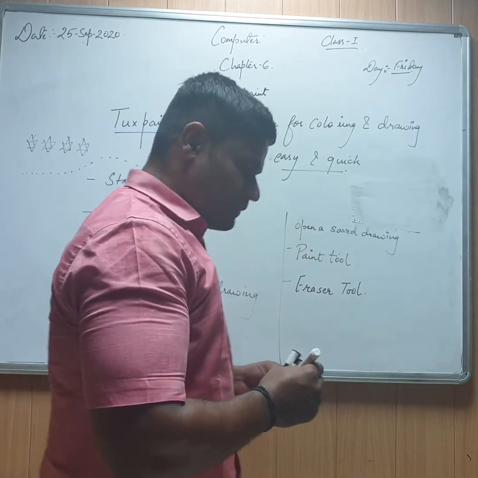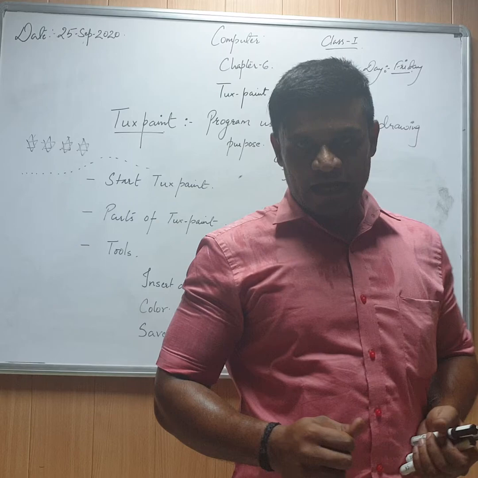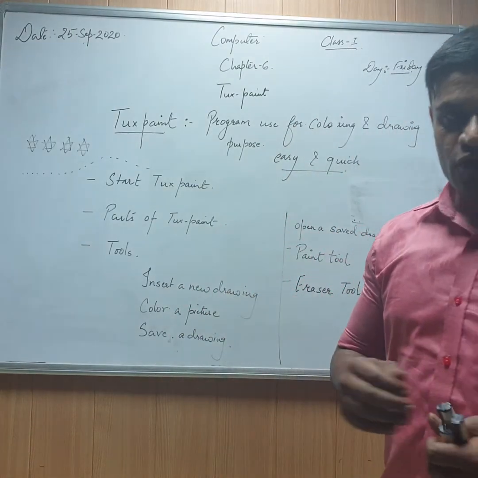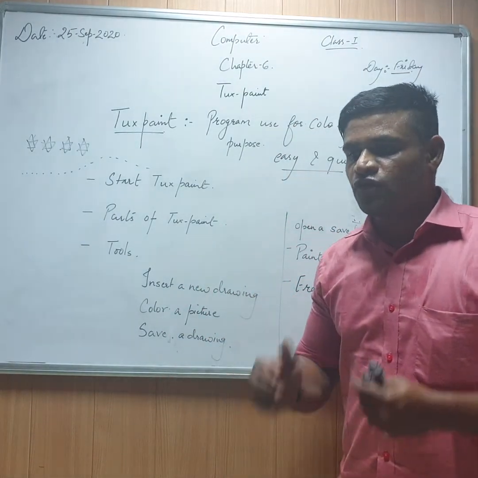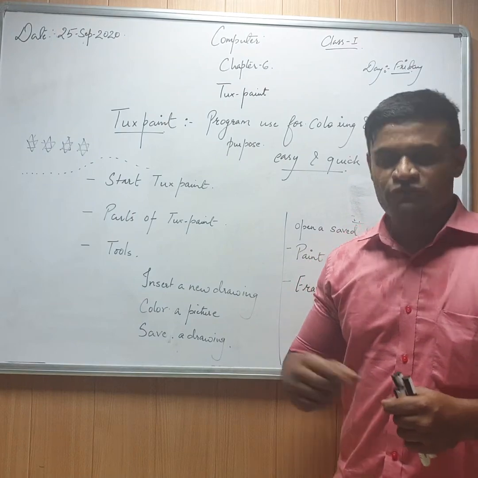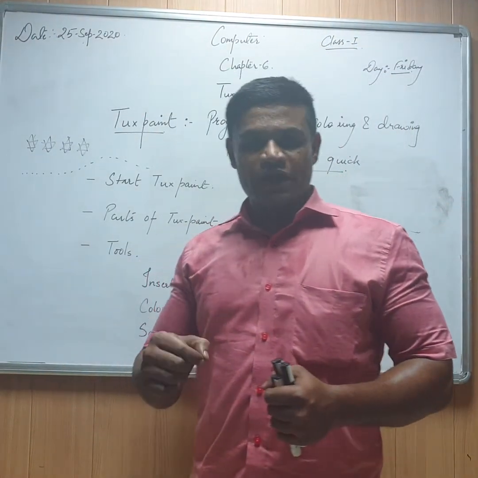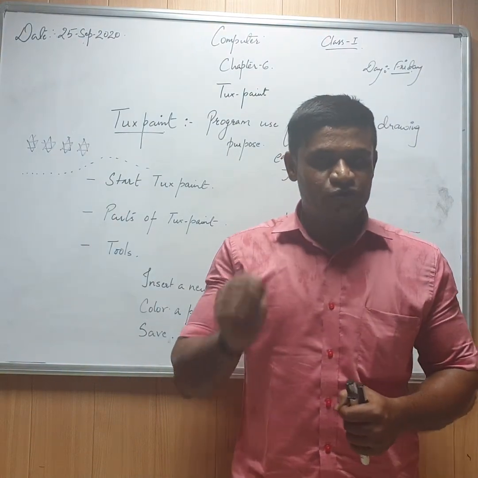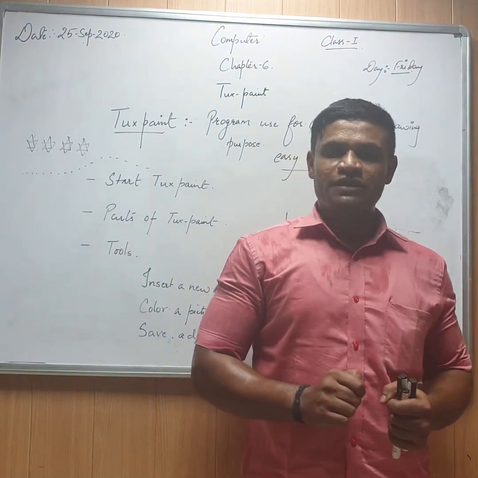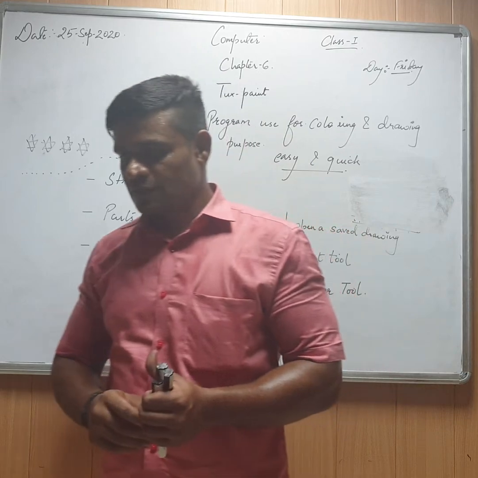So we will be learning how an eraser tool can be used to erase the unwanted parts of the drawing. If you have made any mistake, or if some line is going out of the drawing, you can erase it by using the eraser tool.